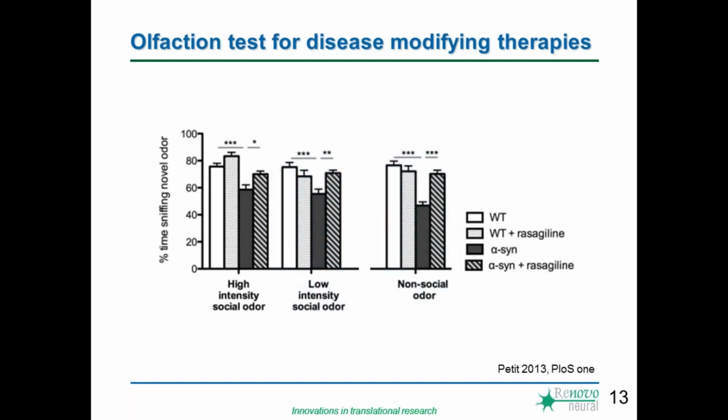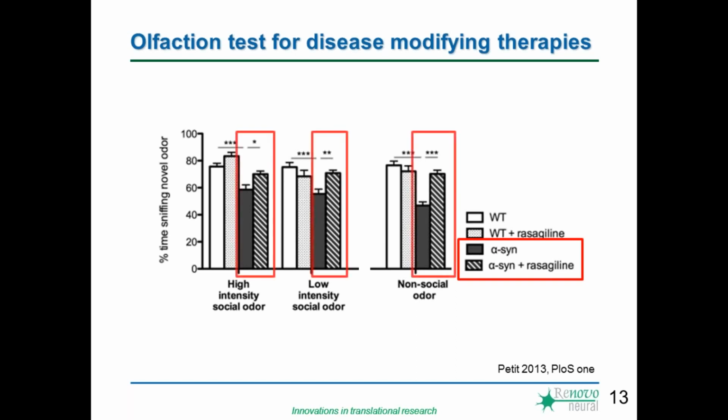Here in this study, testing effects of 8-week Resadgelin treatment in F28 alpha-synuclein versus wild-type mice, a battery of olfaction behavioral tests was employed. The results show that the olfaction deficits, such as inability to appreciate social and non-social odors by transgenic mice, were ameliorated by Resadgelin.